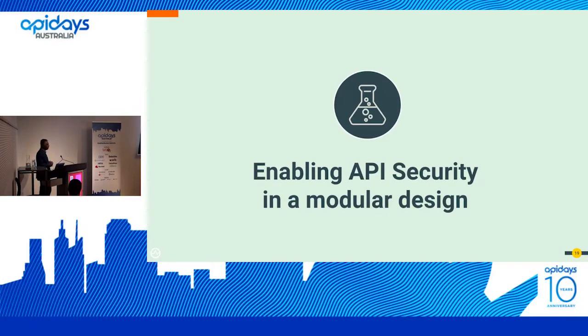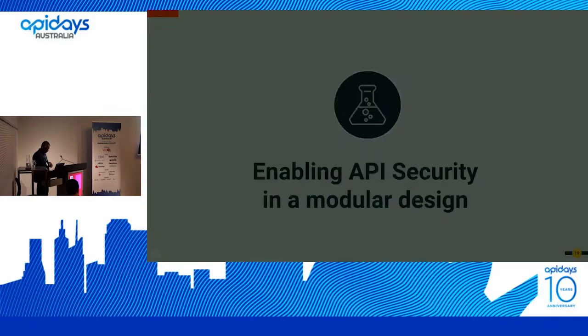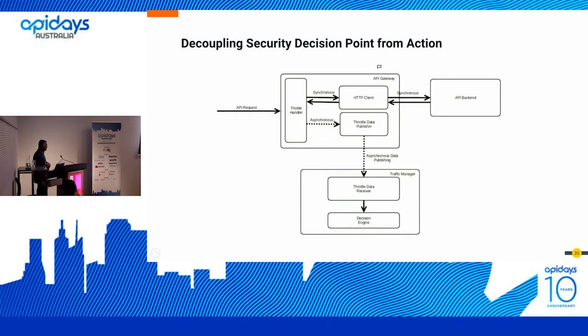Now, in order to enable this API security, you need to have a modular design in your API gateway or the API platform. So, I'm taking an example from WSO2. If you look at the WSO2 API gateway, it is composed of multiple components.